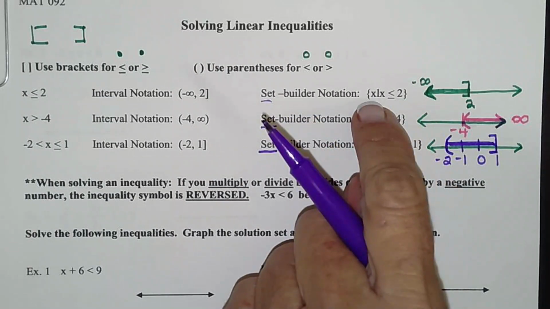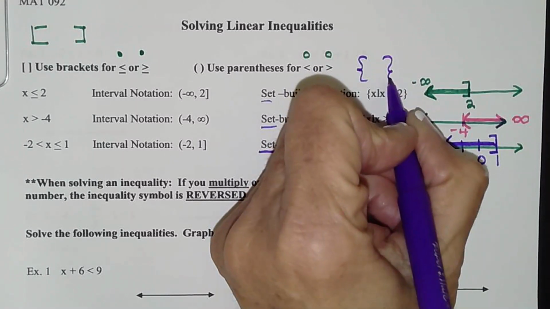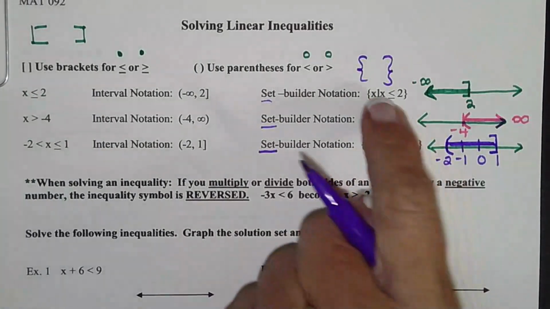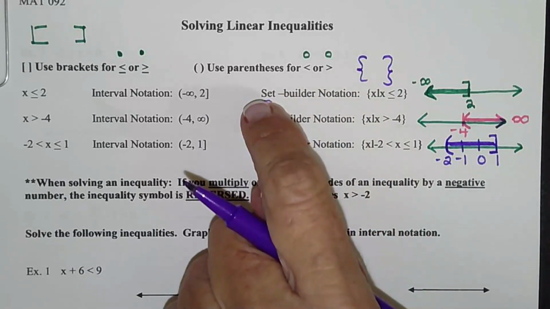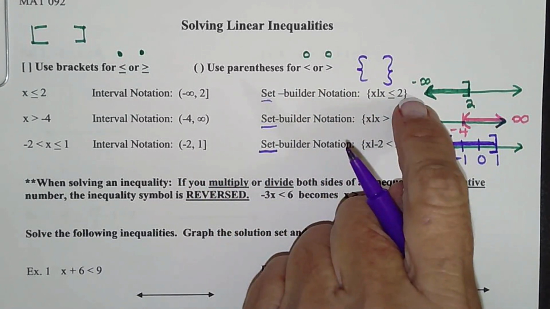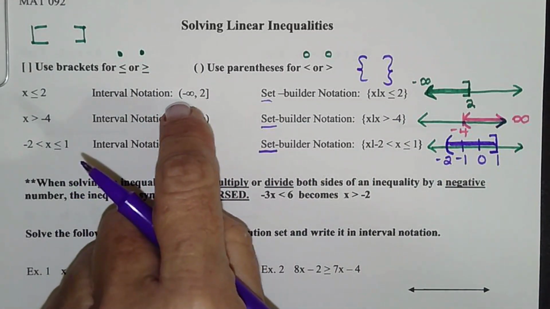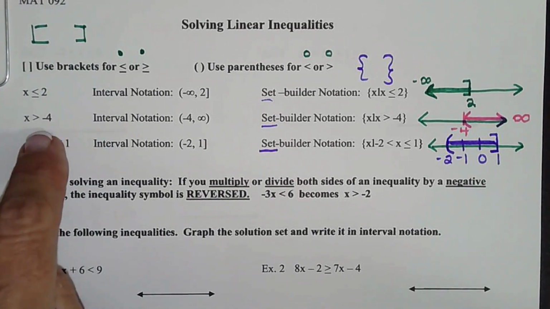These symbols are called set symbols. Just like when we were doing solution sets, we would put our answer inside there because this is the solution set. So set builder will always have those little squigglies, where interval notation only has parentheses and brackets based on whether there's an equal sign in the problem.